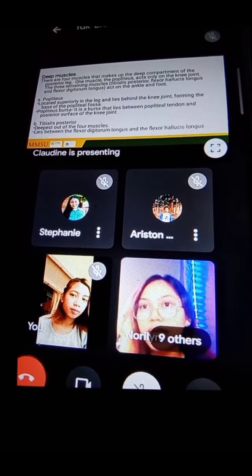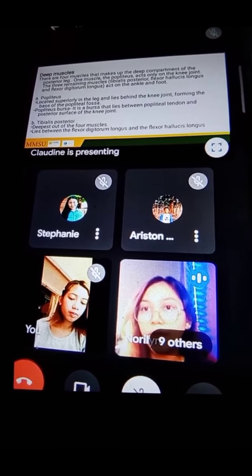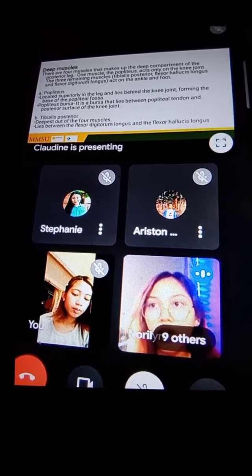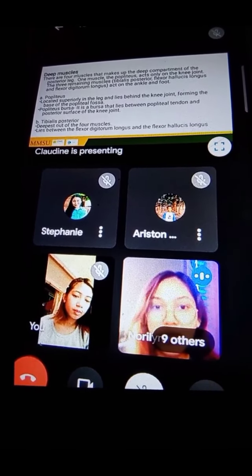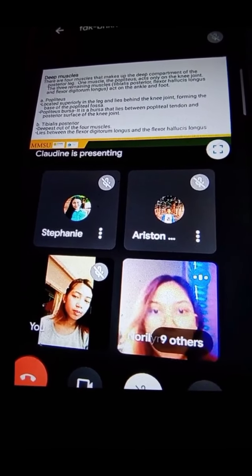Its action, it inverts and plantar flexes the foot, maintains the medial arch of the foot. Its innervation is the tibial nerve. Next po.